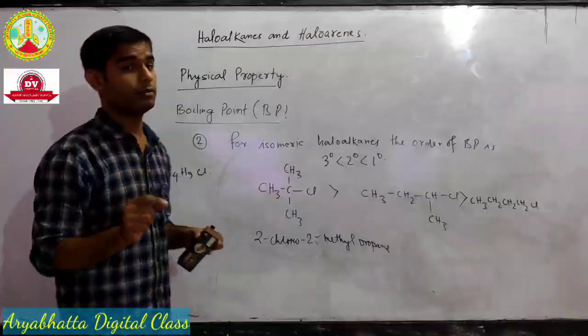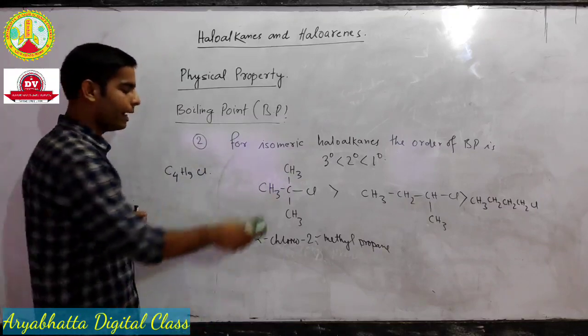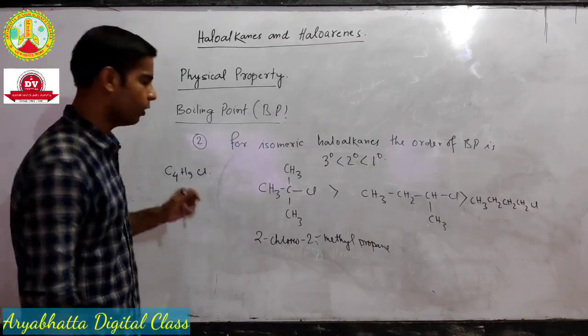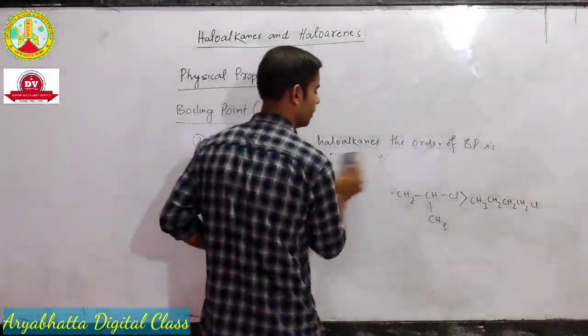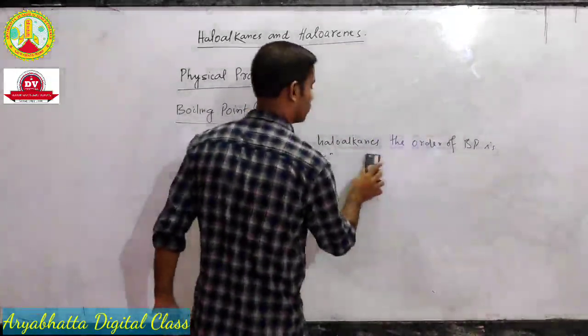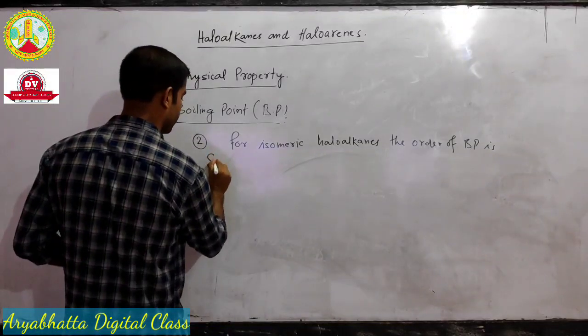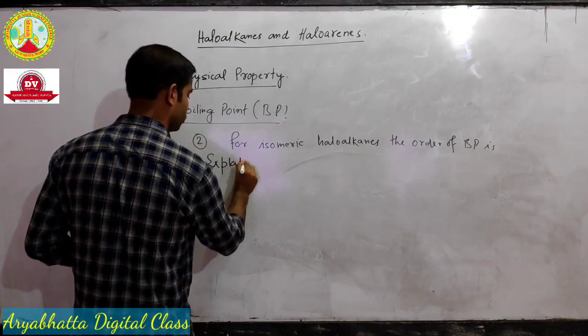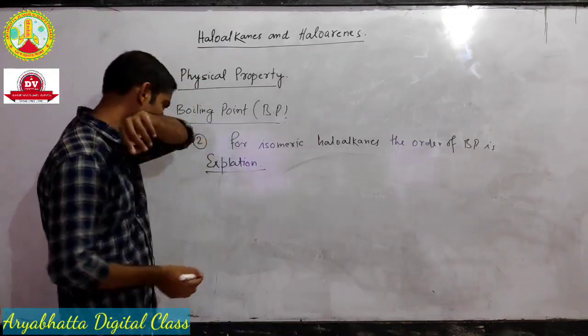The main thing we should know is why this molecule has a lower boiling point. So let's discuss the reason. Just observe carefully; the explanation is the most important part.